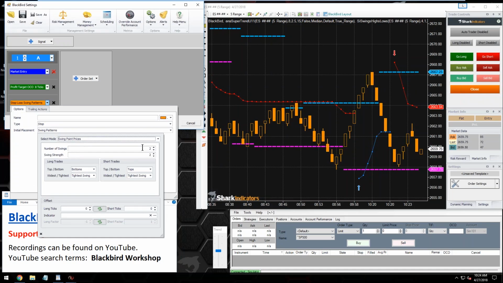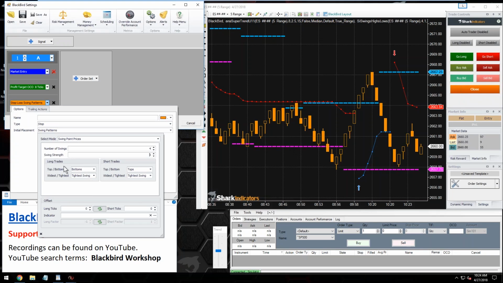It has number of swings, which I set to 4 on my chart, and the swing strength, which I set to 3 on the indicator. So all of this is just a new interface for the swing highs lows indicator on the chart here.